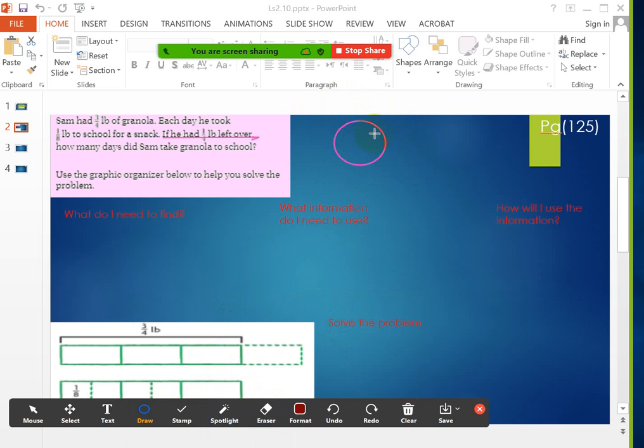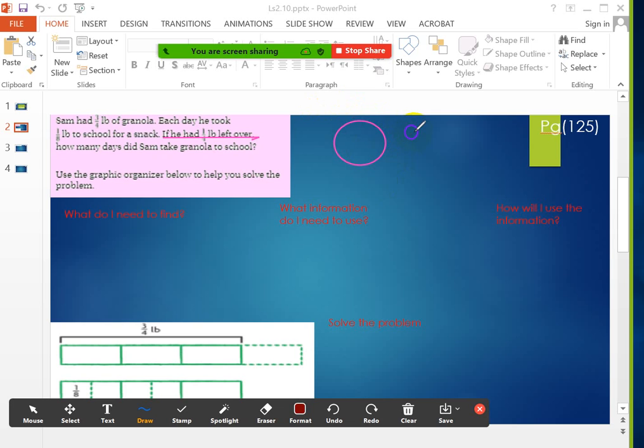So I want to take each day this little amount, 1/8. So how many days will I take granola to school? What do I have to do here? What is the operation between those two numbers? Of course, I have to divide the whole amount of granola by the amount that I will take each day. This is the idea for this problem.